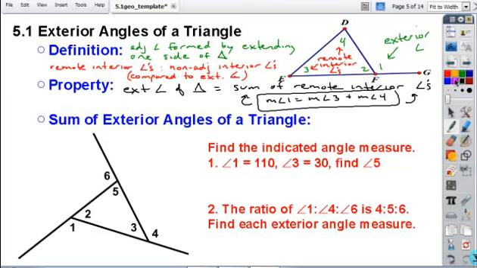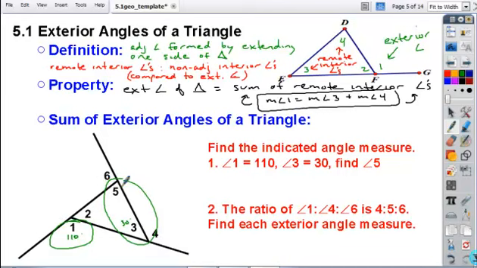Okay, so if we take the first sample problem, if you're told that angle 1 is 110, angle 3 is 30 degrees, and they ask you what is the measure of angle 5, the relationship is your exterior angle is equal to the sum of the two non-adjacent interior angles, the remote interior angles.